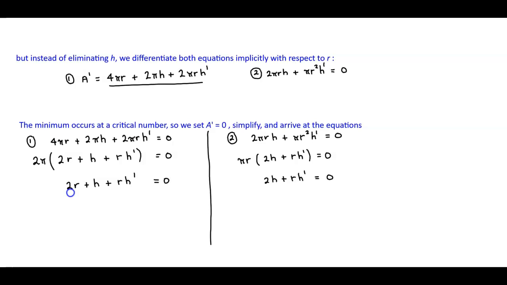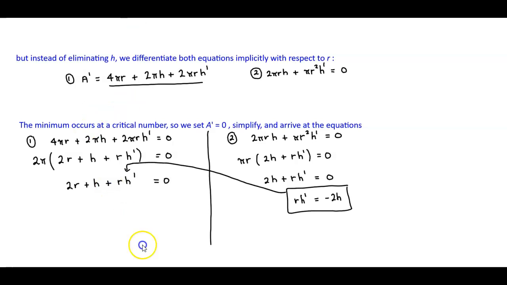So in number 2, we're going to solve for r h prime and then substitute it back into number 1. If we solve for r h prime, we subtract the 2h to make that negative 2h. So that's what that equals. And now we're going to substitute that into equation number 1.